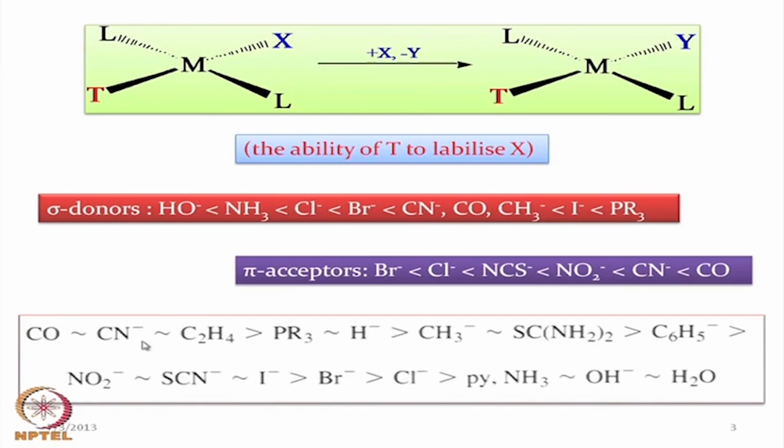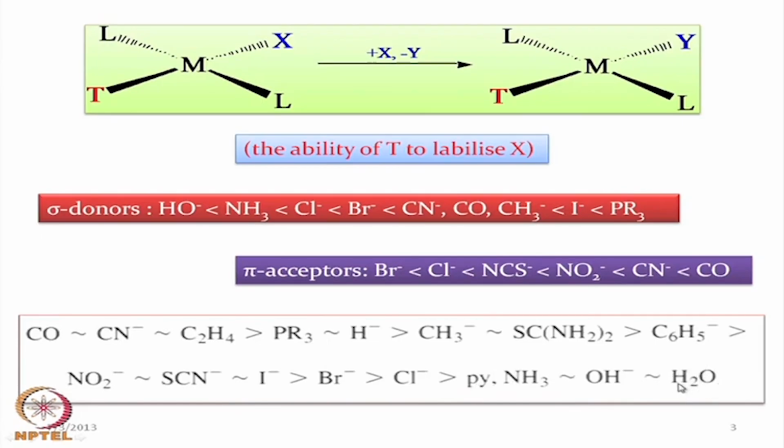And interestingly, now we can see that the labilizing effect of Cl⁻ is higher than NH3 when we talk about the synthesis and reactivity of the cisplatin molecule. Similarly, when we talk about substitution by the water molecule, we see that Cl⁻ and ammonia, which is very similar to the pyridine molecule, both have higher trans-labilizing effect compared to the water molecule.